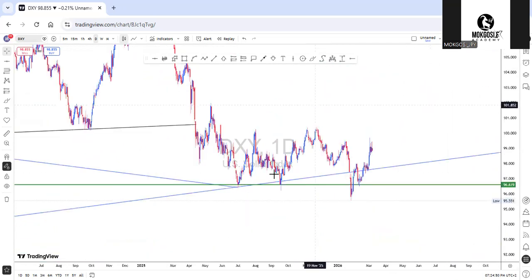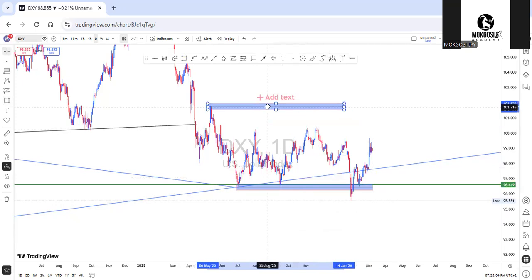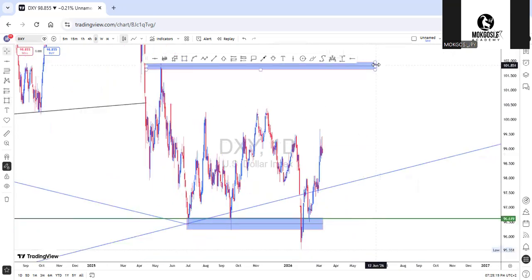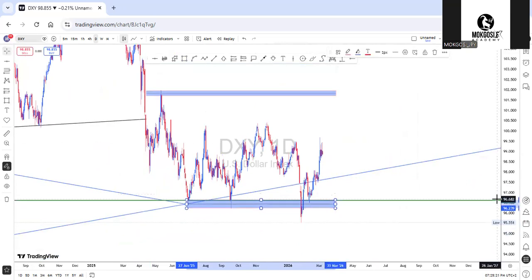So I'm going to remove that horizontal line. I'll just put a rectangle here. And I will mark even this level here. Marking this level. Why do I mark that level?